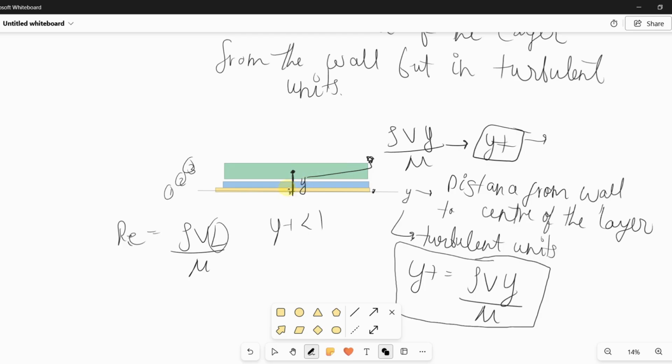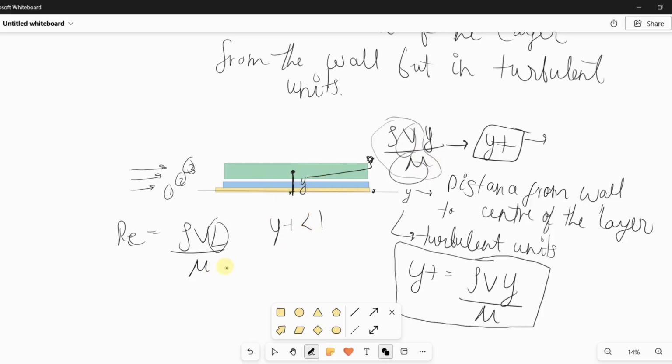Since nu and v change at each layer, your velocity here, here, and here are not the same. That's exactly why a boundary layer is a distinct condition. It's not that these always remain the same and you just keep substituting y. Your y, v and nu keep changing, and based on that you get the y plus values.